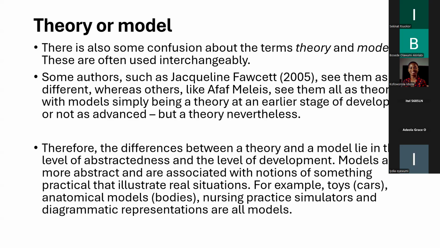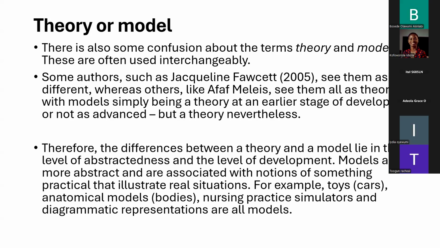And I see that often revealed in different theory. For example, we have the Roy adaptation model, which is a middle range theory. A middle range theory is calling our theory a model, Roy adaptation model. Sister Callista Roy, her theory is actually based on the totality paradigm. But then she calls it a model.